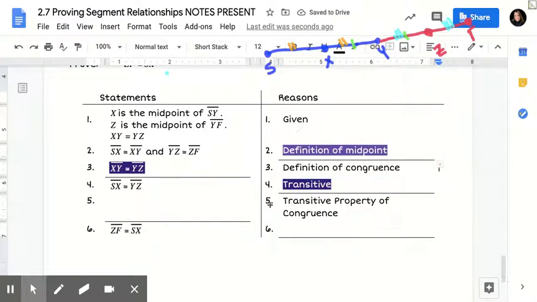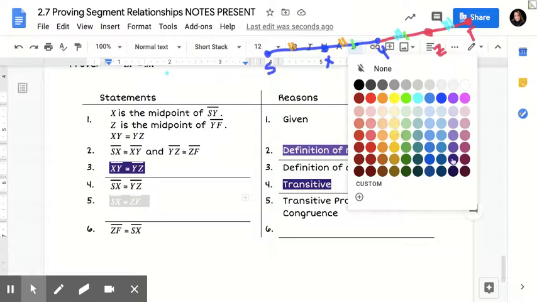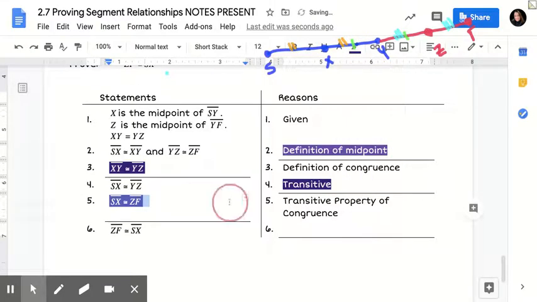Okay, so also by the transitive property of congruence, I can say then that SX is congruent to ZF, since SX to XY, XY to YZ, and then SX to YZ also. That takes me SX to ZF. My transitive property.